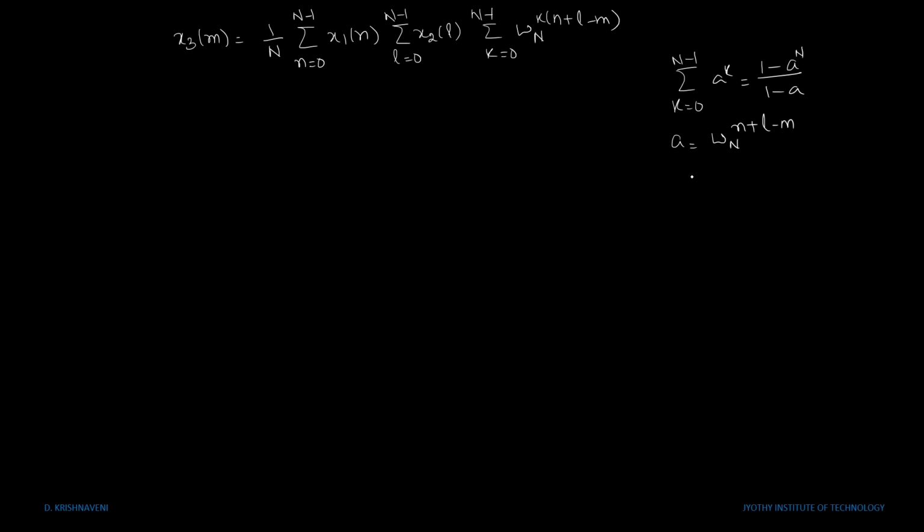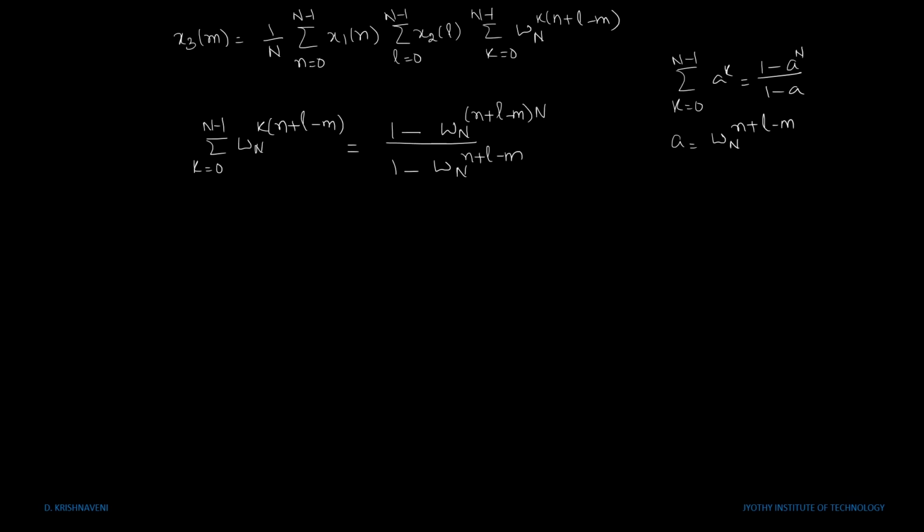So separately, if I take this summation k equal to 0 to N minus 1 W_N to the power of k into (n plus L minus M), then I can write this as 1 minus (W_N to the power of n plus L minus M) to the power of N by 1 minus W_N to the power of n plus L minus M, right, because we are substituting this value of a in this formula.